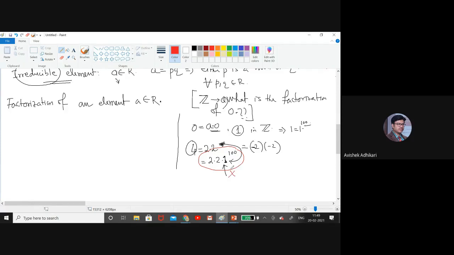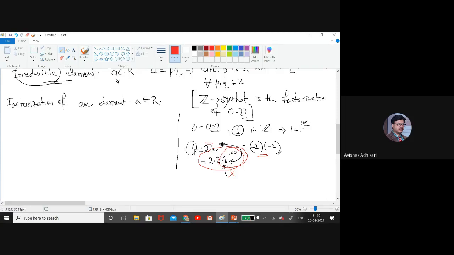So what is the speciality of this and this? What is the difference between this and this? Here you are allowing something which is a unit, so you are multiplying with the identity element. That should not be there in your definition of the factorization.